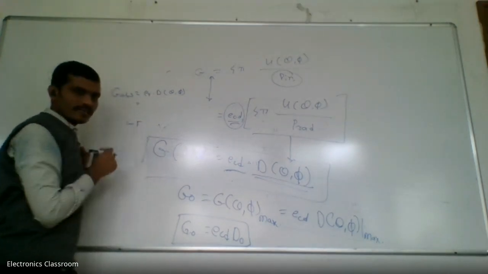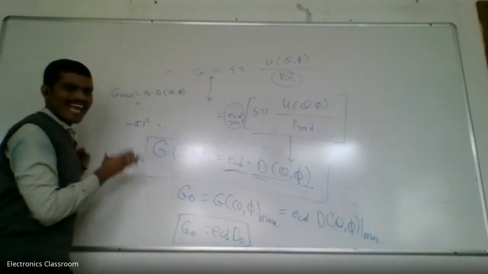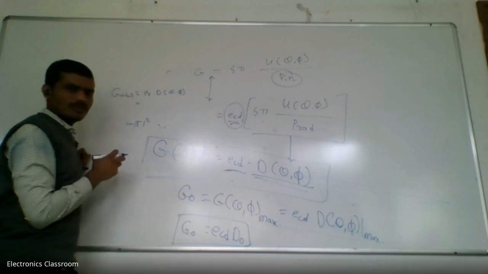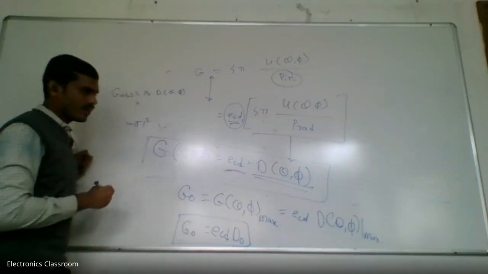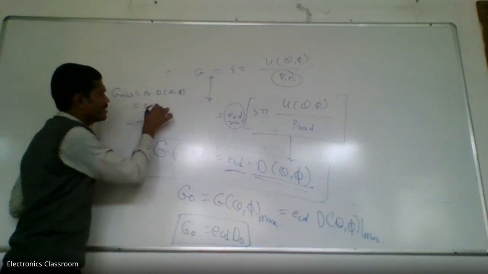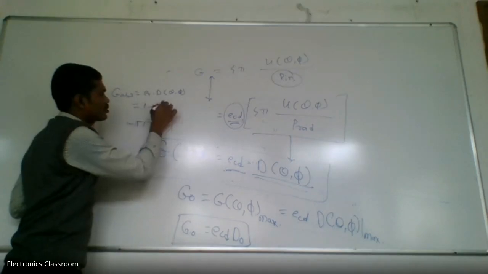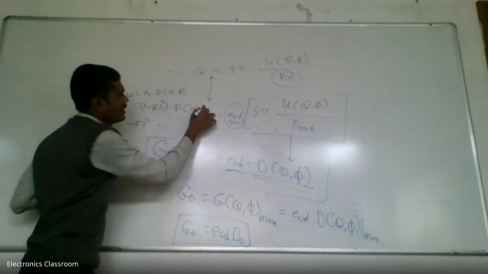Tau, power. Yes, it is tau, but what is exactly tau? It is the voltage reflection coefficient of the antenna, and it can be written instead of ER. Now 1 minus tau square into D theta comma phi.